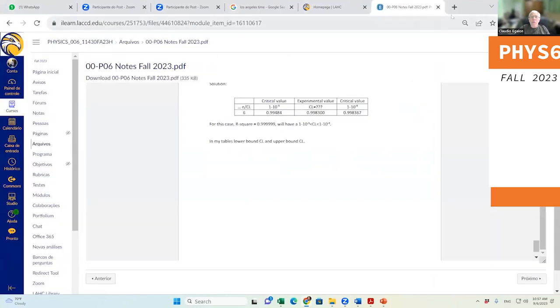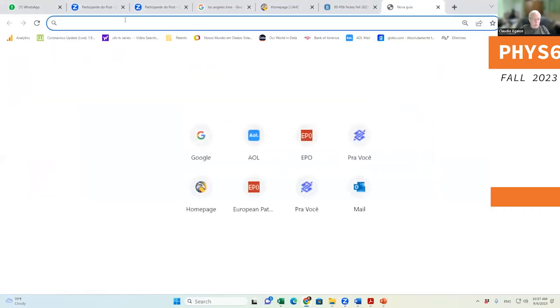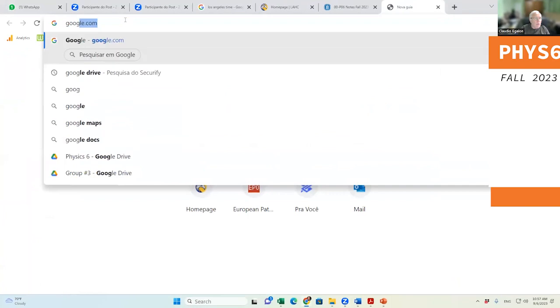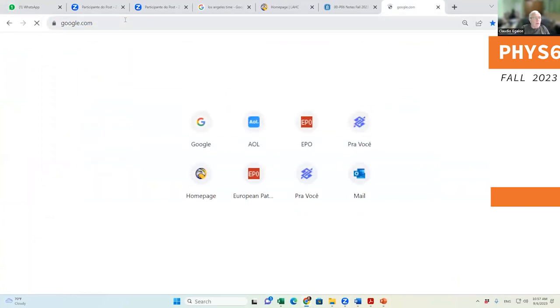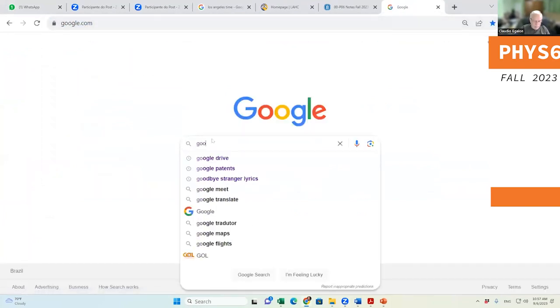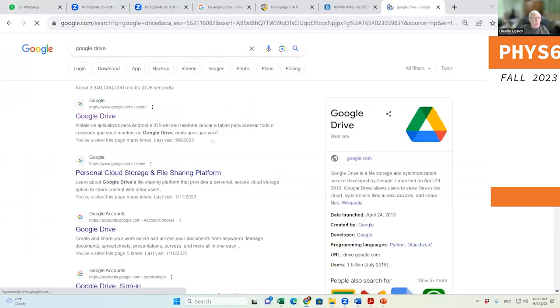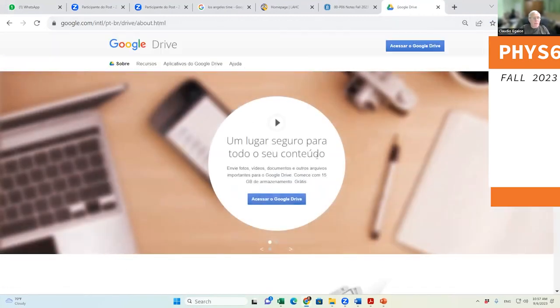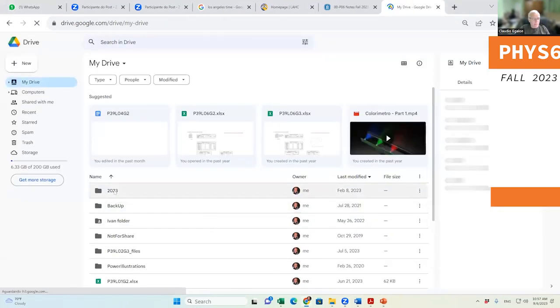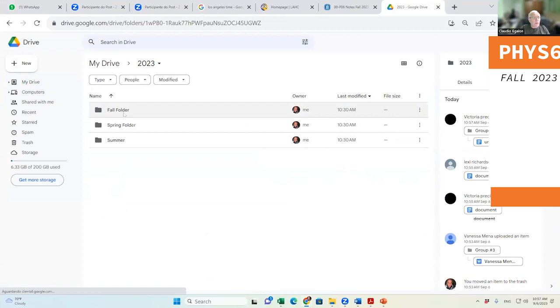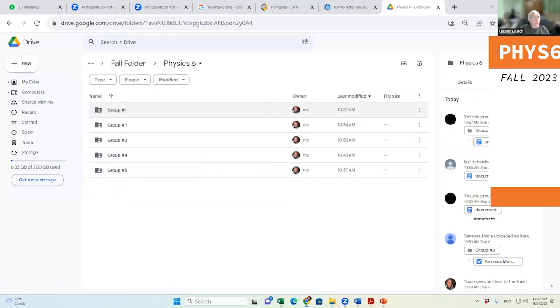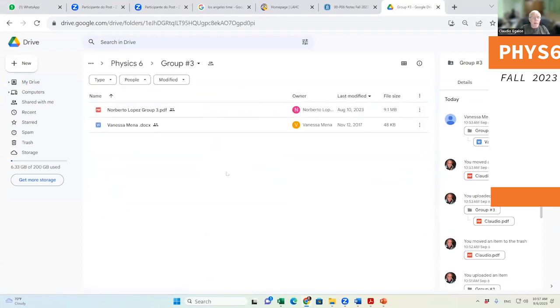Maybe I should close completely and go back here. Google.com, Google Drive. Okay, 2023. Folder physics 6. Should be group 3. I shouldn't see it.